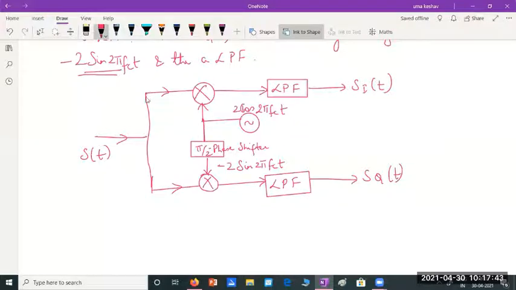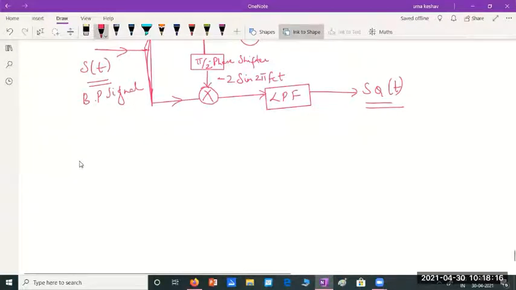t. So hope it is clear how we are implementing the block diagram or the hardware needed to isolate the in phase component and quadrature phase component from the given band pass signal. So this is a given band pass signal. From that, I can separate out the in phase and quadrature phase components by using a simple circuit as shown in this block diagram.